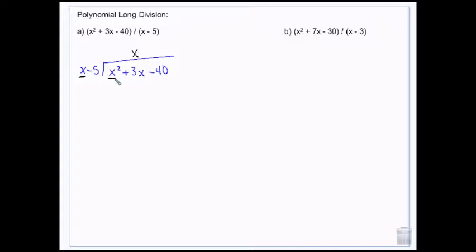So x times x is x squared, correct? So I'm going to do x times x, so I'll get x squared, and then x times negative 5 gives me negative 5x. And then I have to subtract that. Well, when I subtract this, x squared minus x squared is 0, and minus a negative becomes a positive, so I get 8x.